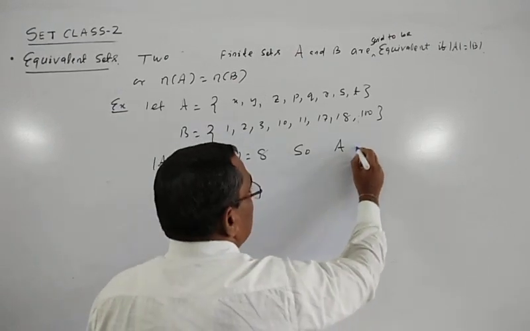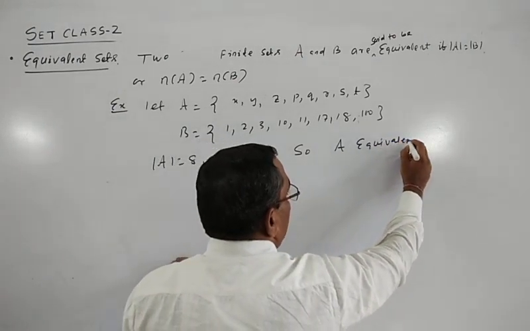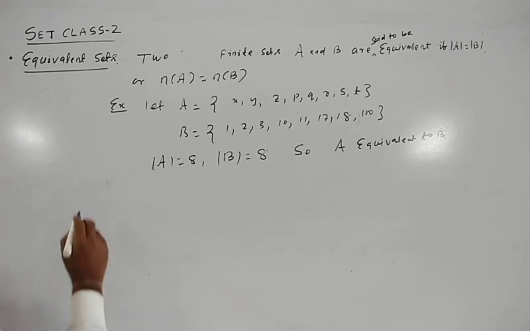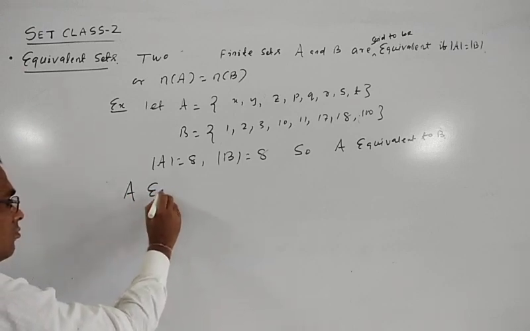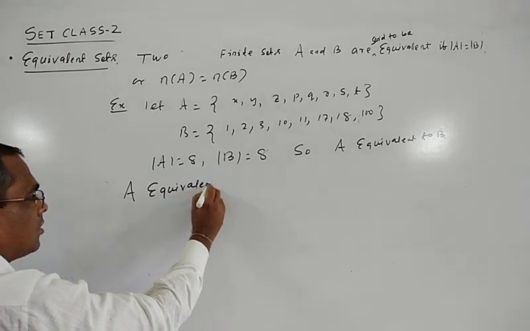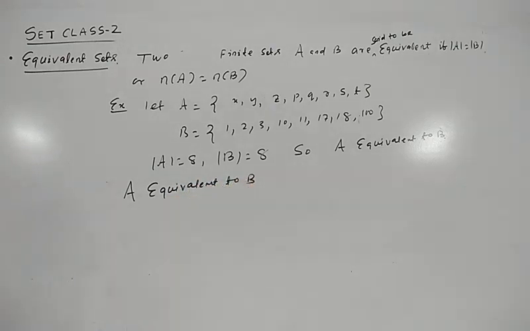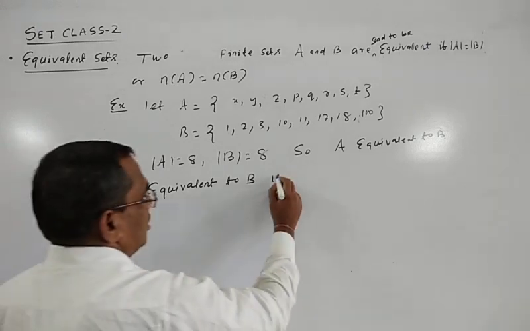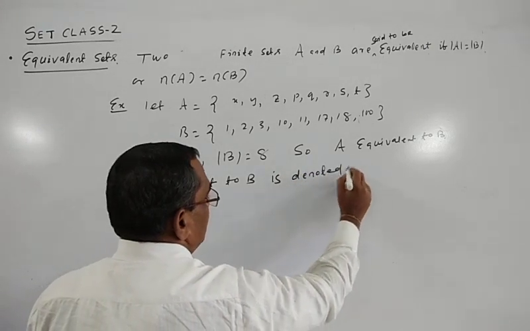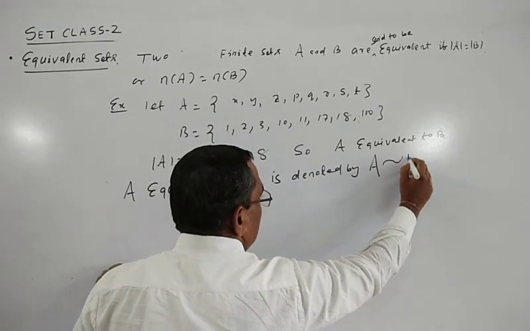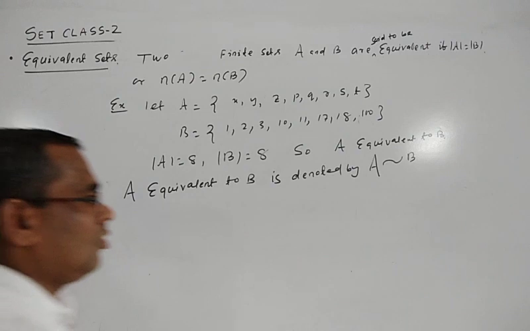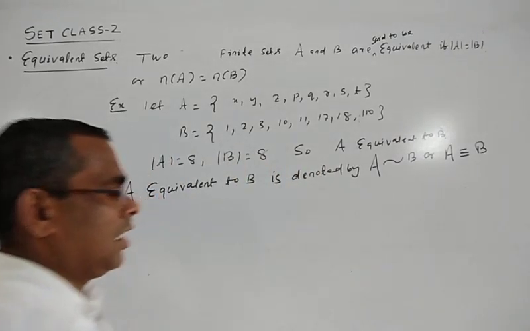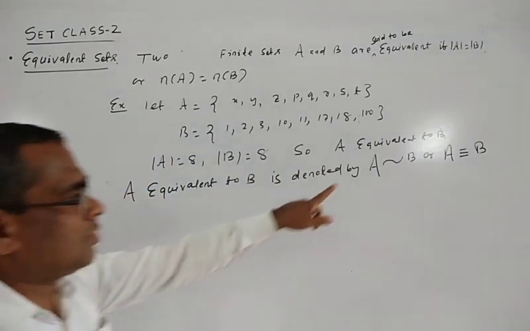So two equivalent sets A and B are denoted by A equivalent to B. This is the equivalent symbol, or you can also write A with a triple line, A equivalent to B. So this is the symbol of equivalence.